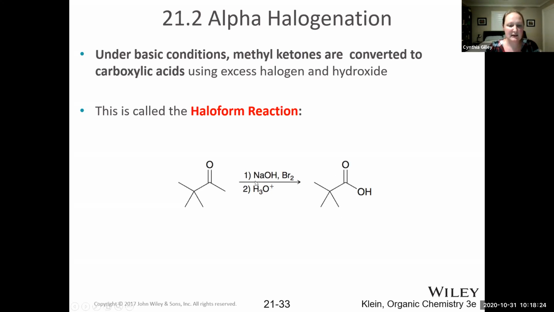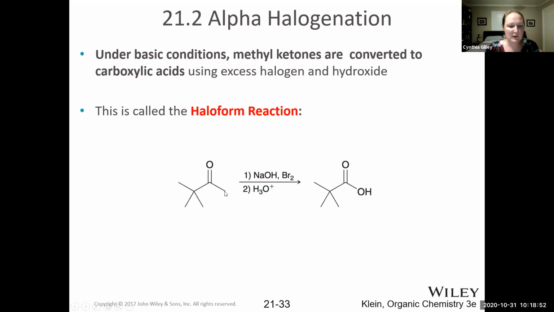Notice that the conditions are exactly what we were just talking about for alpha halogenation with base present. So recall that this reaction has a hard time stopping by adding just one bromine, and that all of the alpha hydrogens will eventually get brominated because the product is even more reactive in the reaction than the starting substrate.